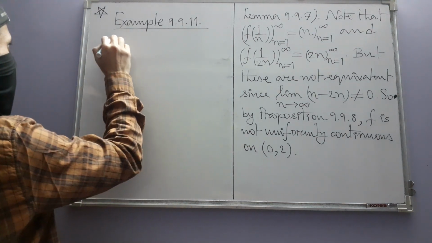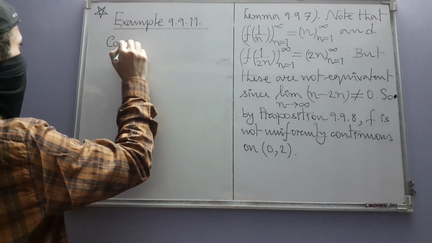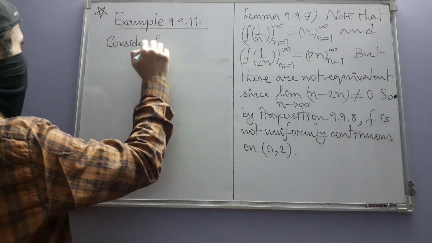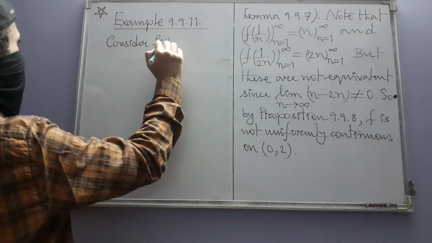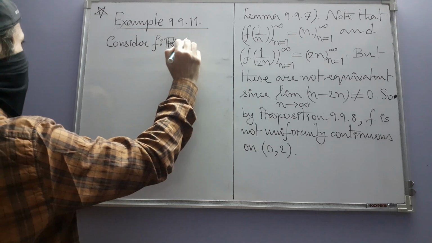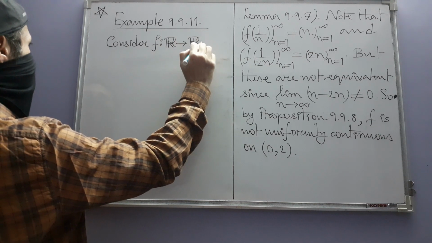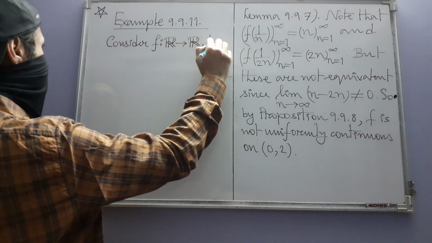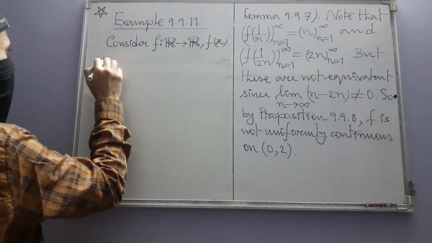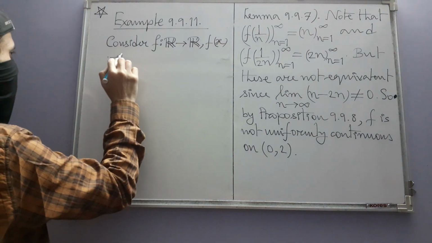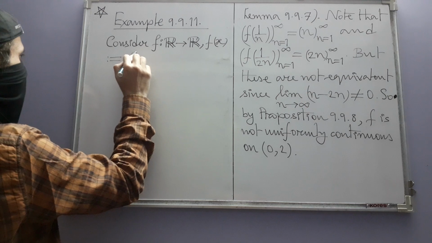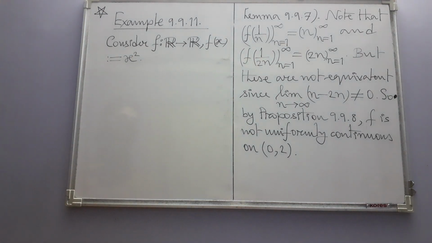Let us now consider the ordinary square function on the entire real number set. Is it uniformly continuous?